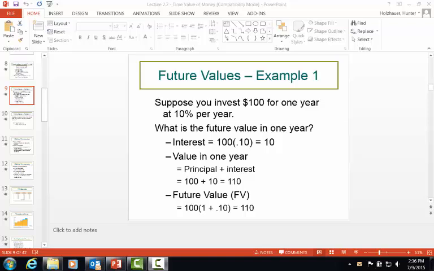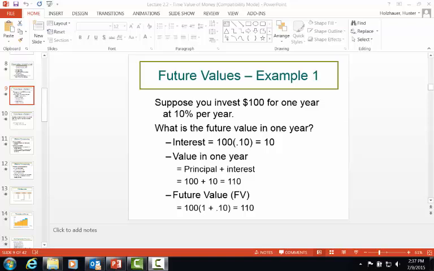Let's try the common sense perspective right off the bat. The interest would be 10% of $100, so that's $10, right? So your value in 1 year is going to be your principal, that $100, plus your interest, which is $10, so that's $110. So your future value is $110. Now, if you look at the very bottom of this slide, you can see that we actually did the formula, we just didn't know we were doing it at the time, right?